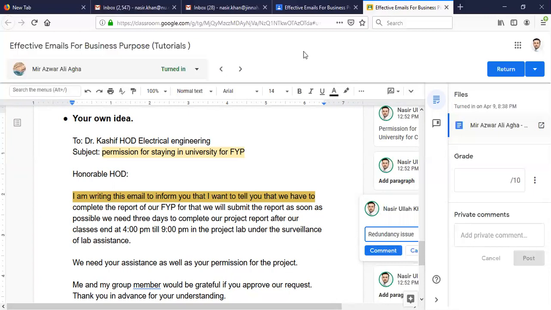So what you can do is, let's use this annotation, remove this part: I'm writing this email to inform you. Then: that we have to complete the report of our FYP. For that, we will submit the report as soon as possible. We need 3 days to complete our project report after our classes end, at 4 p.m. till 9 p.m. in the project lab under the surveillance of lab assistants.